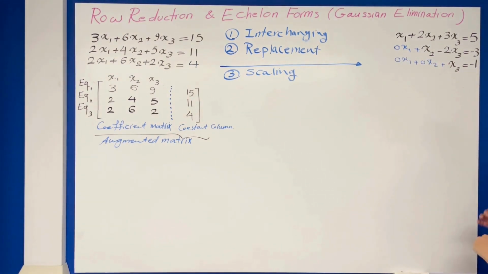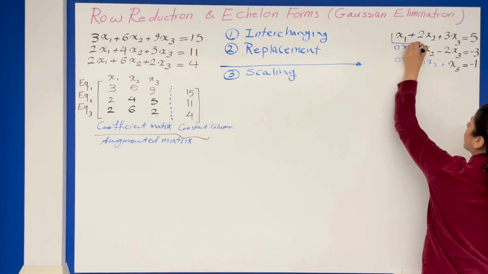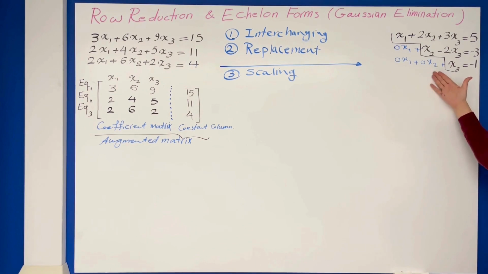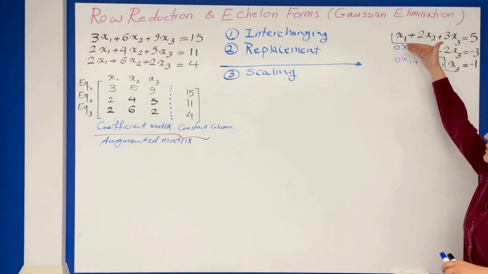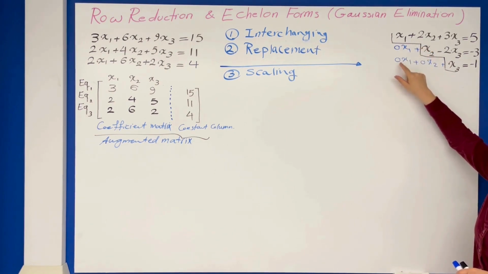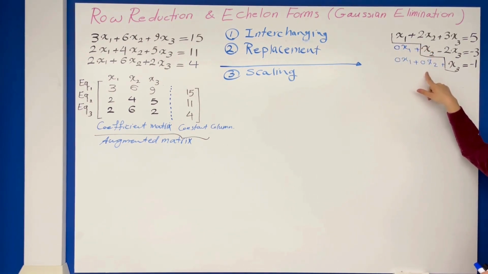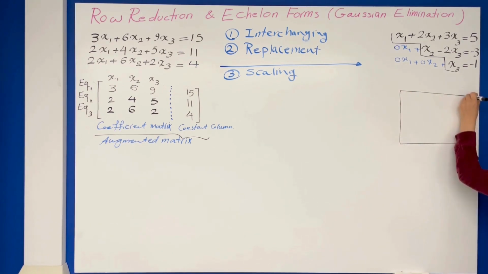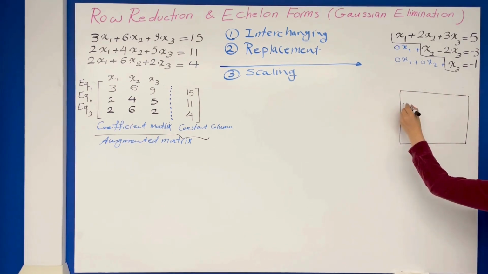If you look at that, it looks like a staircase form. In this staircase form, everything under the stairs, the coefficients of the variables under the stairs, are all 0.